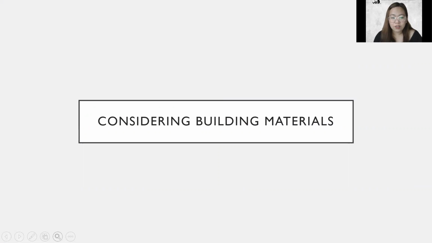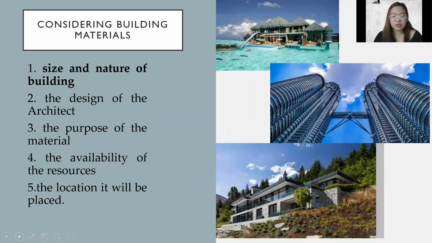But there are other considerations na isinasaalang-alang in choosing the right building material. So yung una natin is the size and nature of the building. Saan ba ilalagay, or ano ba yung type of building na pagagamitan ng material?